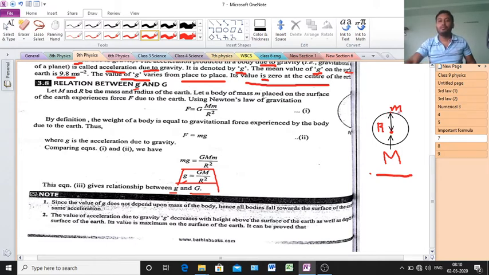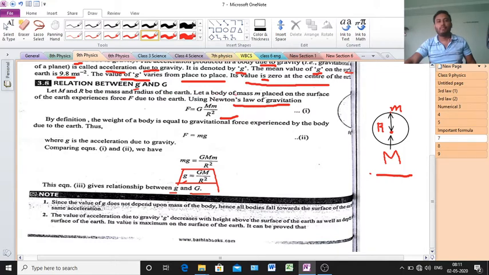The value of the force will be F equal to capital G capital M small m, the product of their masses, by the square of the distance between them, r square, according to Newton's laws of gravitation.